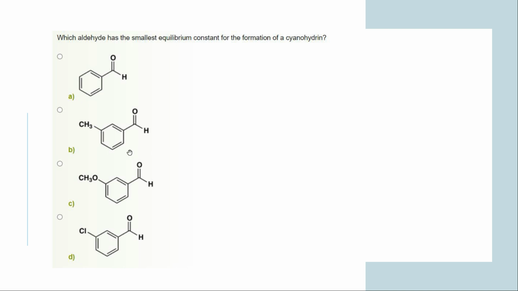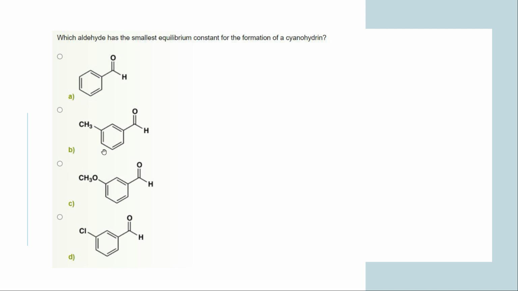And if we talk about A versus B, in A you do not have any substituent in the phenyl ring, whereas in B you have methyl in the phenyl ring, which is acting as an electron donating group. So now I hope you can already imagine which of these will be the least reactive towards nucleophilic addition reaction. Definitely the one which is most electron rich.